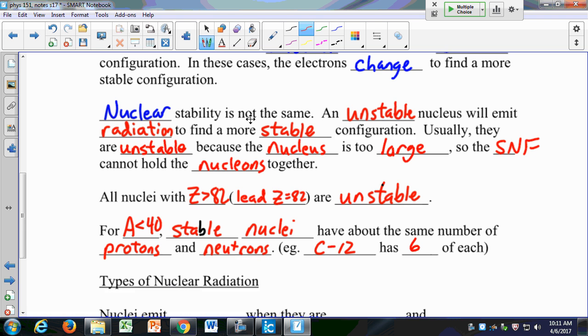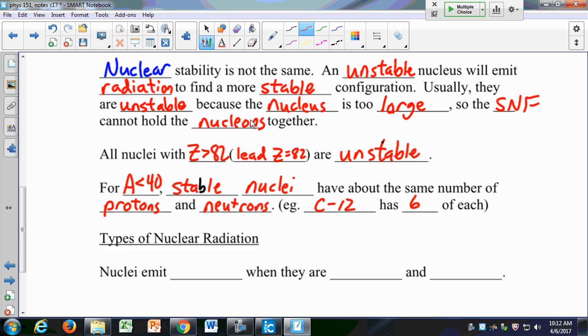So all nuclei that have more than 82 protons are unstable. And then some nuclei that have Z less than 82 can be unstable if they have unequal numbers of protons and neutrons. Not all of them, but some of those can be unstable and they can actually be radioactive. They can emit radiation to find a new stable configuration. Okie dokie? Are you with me, sort of?